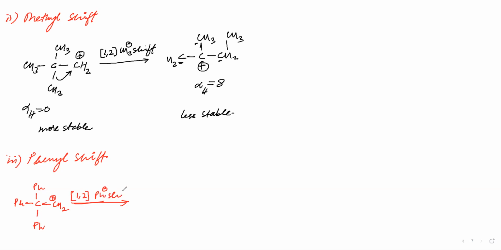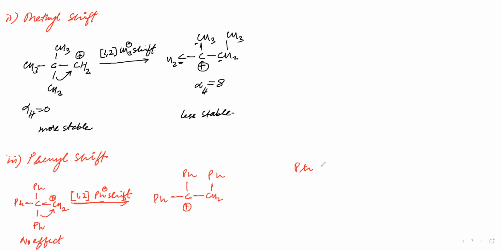Ph negative shift like this. Now you can see Ph, carbon, Ph, CH2, Ph. This is positive. So this has no stabilizing effect, no effect. And now you can see what Ph is.